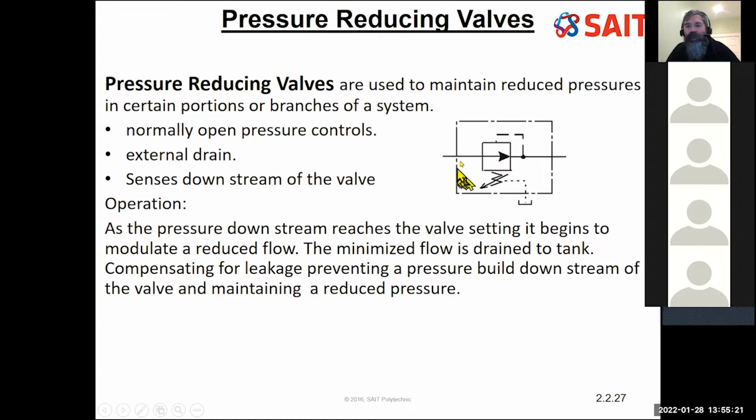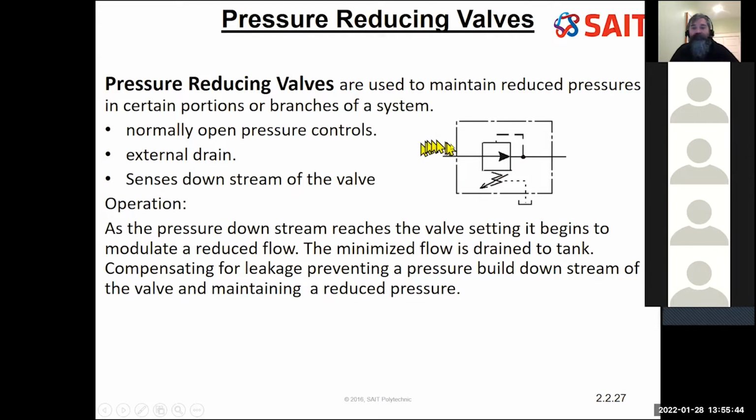I'm not looking at the upstream pressure to control this. The other thing is it's drawn, you can see with that line indicating that poppet or that spool, it's drawn in a normally open position. So this valve is normally open, and if the pressure gets too high downstream, it's going to act against the poppet, closing the poppet, therefore setting a maximum pressure downstream.